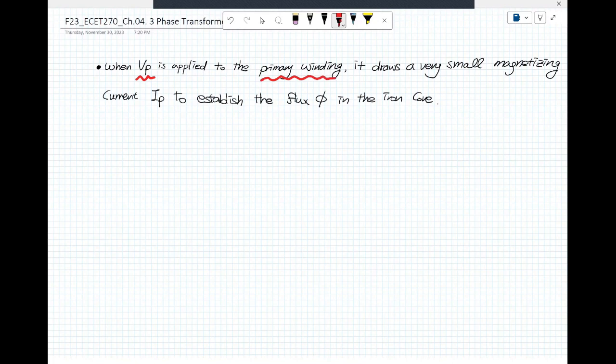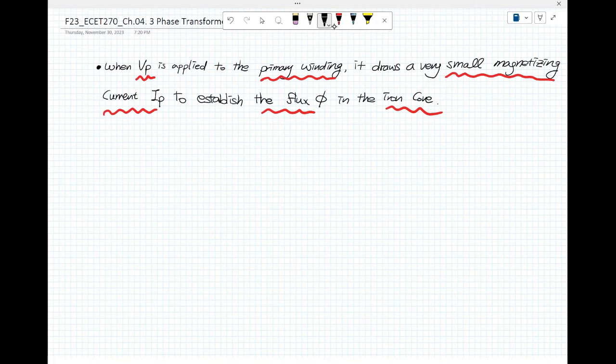Primary winding, small magnetizing current I sub P, the iron core. Okay?